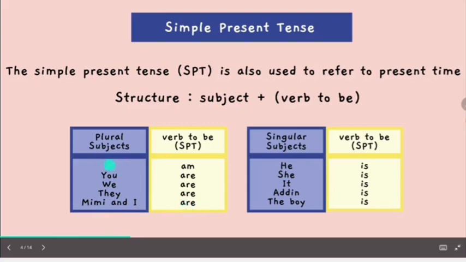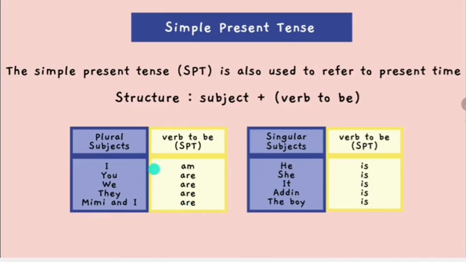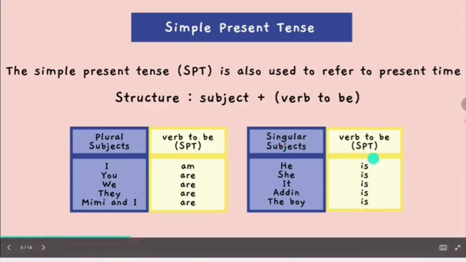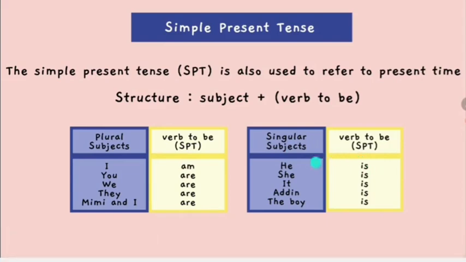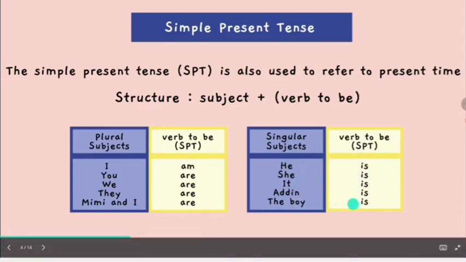However, I is always followed by the verb to be am. I am. The verb to be for singular subjects is always is. For example, he is, she is, it is, Adin is, the boy is.